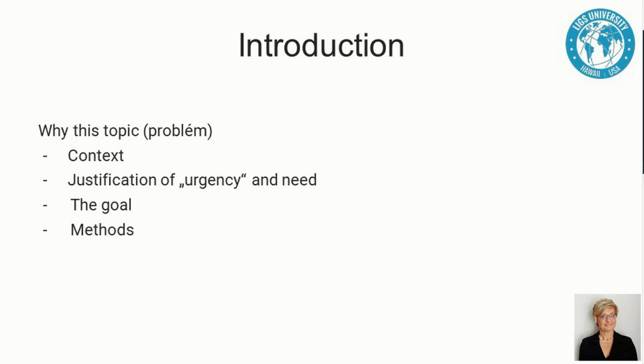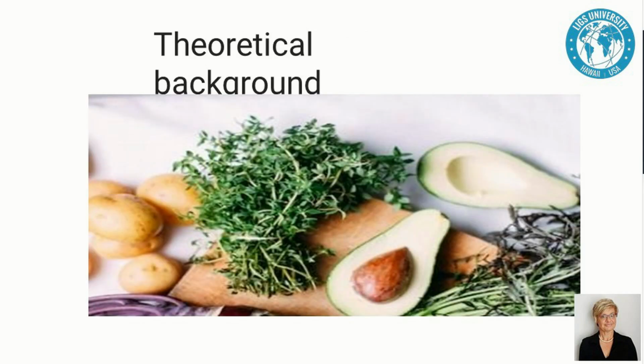Then we have to prepare the theoretical background. Here's a picture of several vegetables. Let's say that my main goal is to prepare a salad. What will be my theoretical background if the main goal is to suggest a salad?